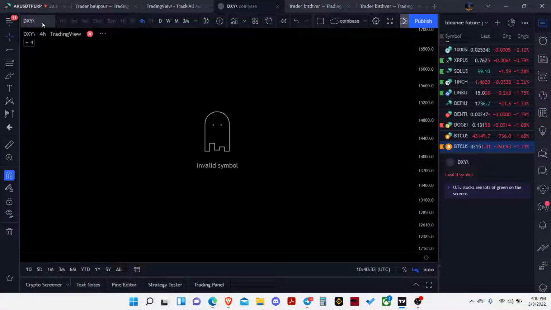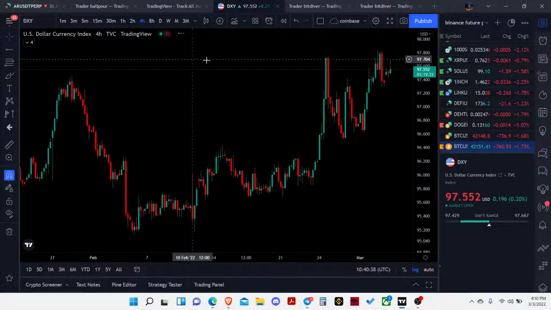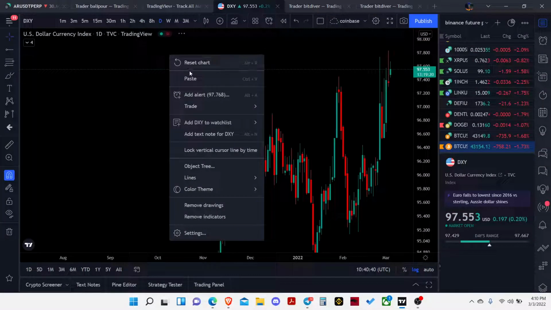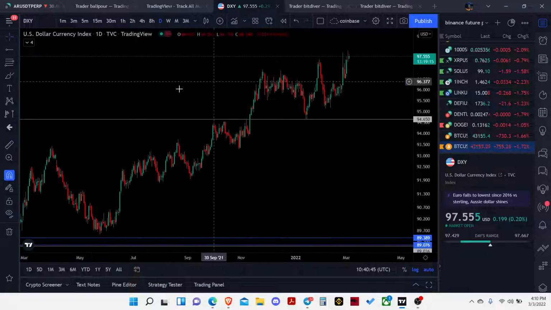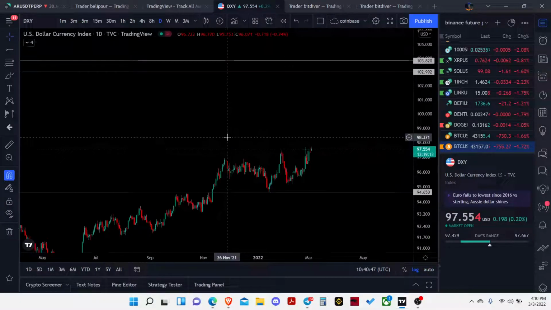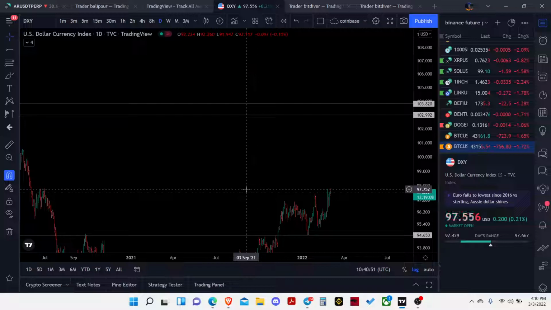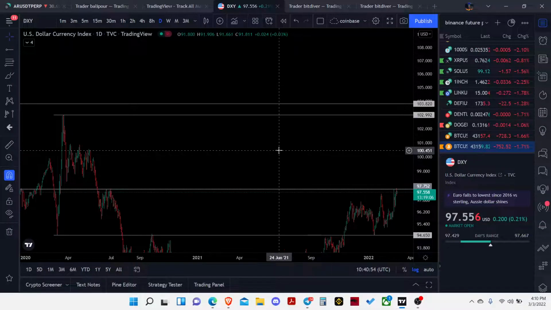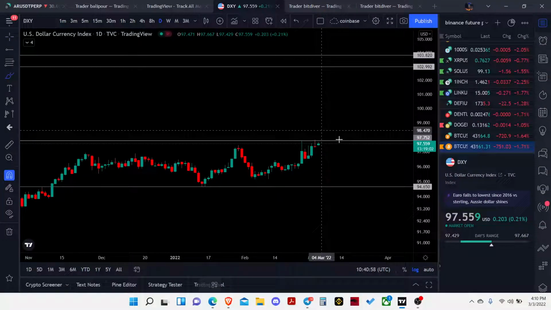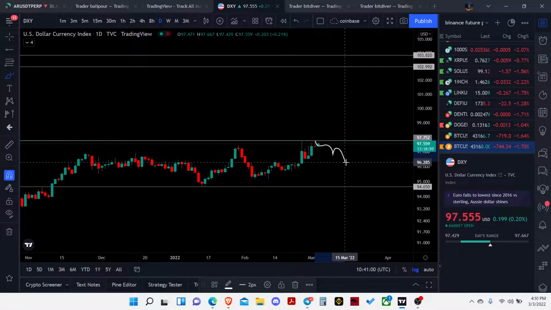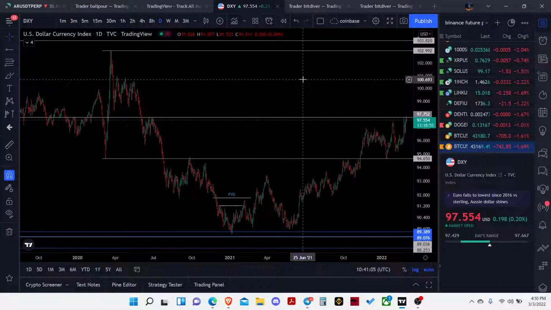If this thing is going to break or hold, let's wait and see what happens. The dollar index, whether that thing is bullish or bearish, let's see. It's a bullish thing that we could see here. We do have a resistance, so most probably price is going to get a rejection from here, or a breakout.